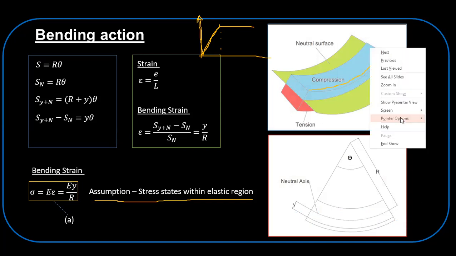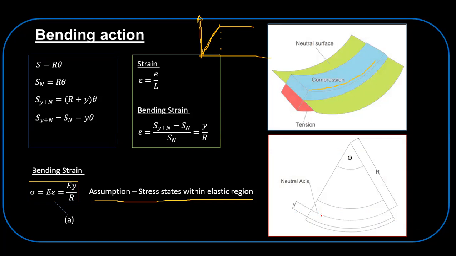Let's call the distance to this surface y below the neutral axis. We can call it S equals r theta, where r is the radius up to the neutral surface. So this length is r theta.